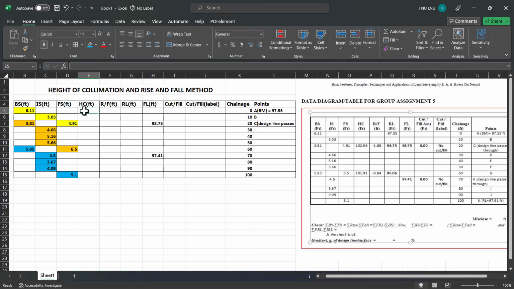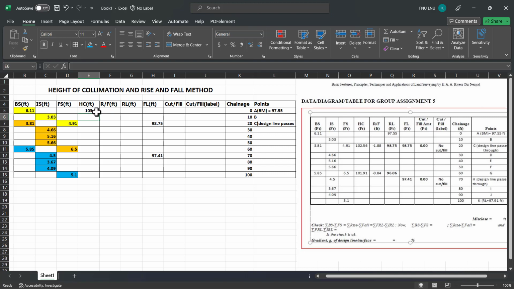So now let's compute our height of collimation. I'm using Excel, so it will be 97.55 plus my backsight, and this will give me my height of collimation at chainage zero, the position of the instrument I'm working with.